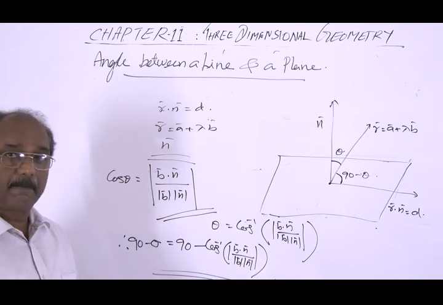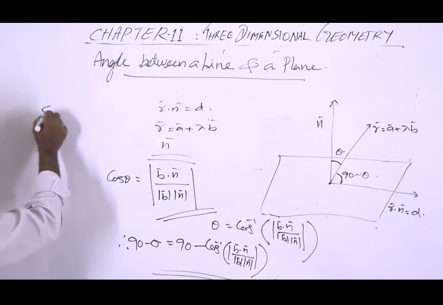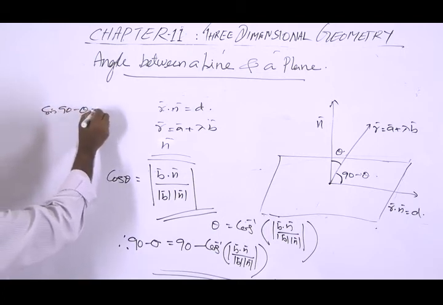And now remember sin of 90 minus theta is equal to cos theta.